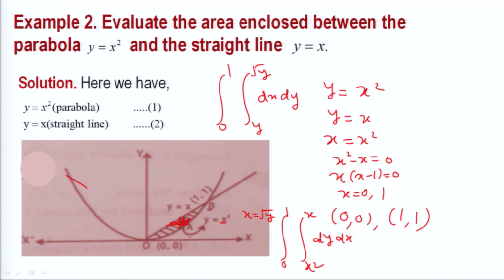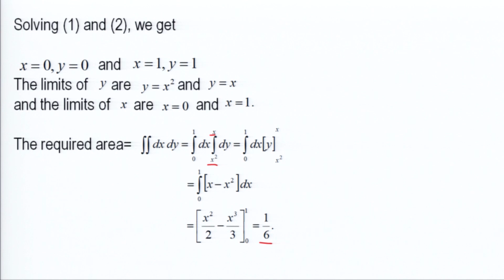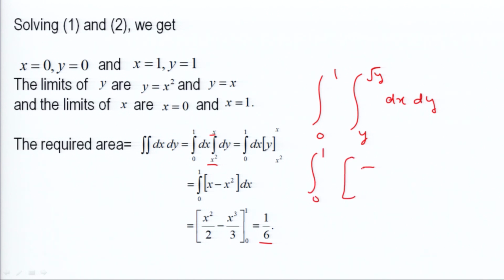We can solve this integration: 0 to 1, y to under root y, dx dy. Here the limit is a function of y, so we integrate with respect to x. We get x from y to under root y, which gives under root y minus y. After putting in the values, we integrate with respect to y.